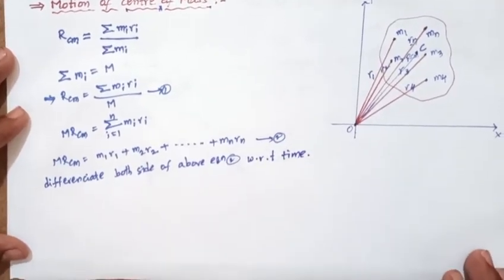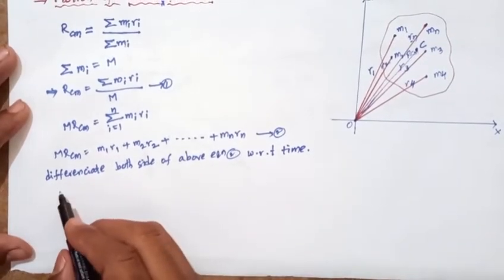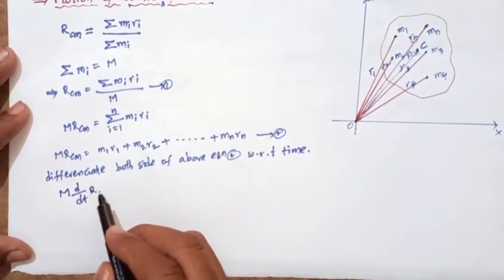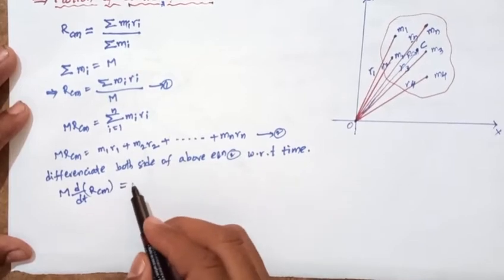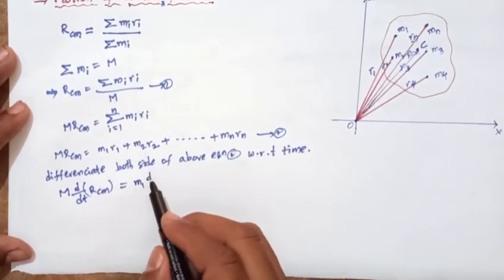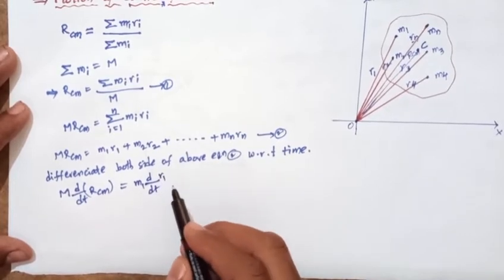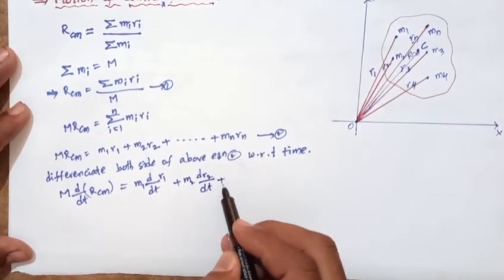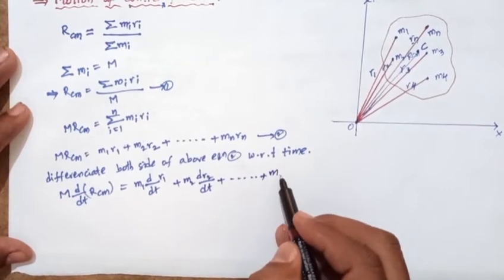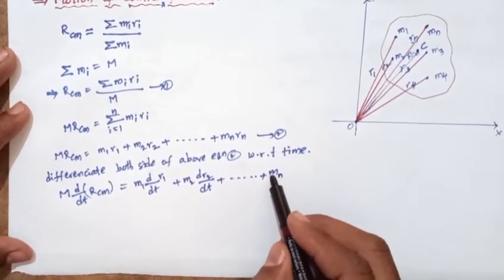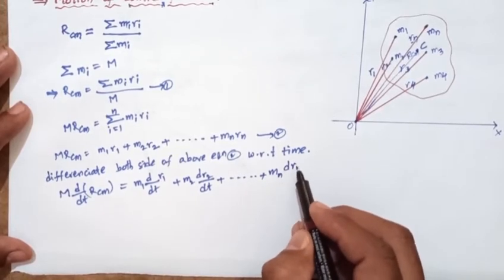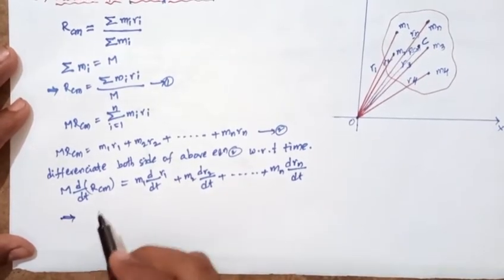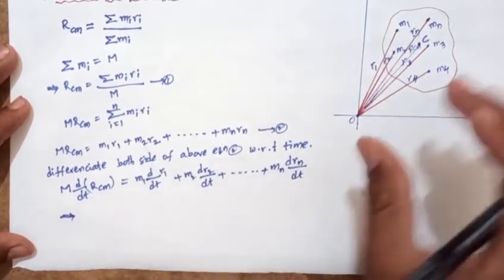Here M is constant, so M d by dt of rcm equals m1, the particle mass being constant, d by dt of r1, plus m2 dr2 by dt, and so on, plus mn, which is constant, times drn by dt.